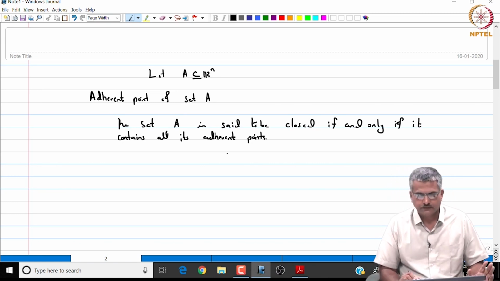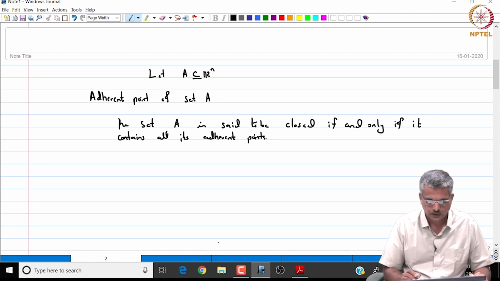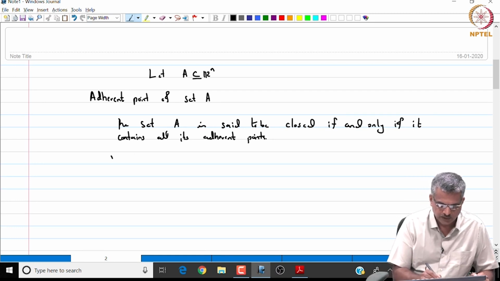So, just like we define the open set using interior points, we can define the notion of closed set using adherent points. Again, properties of closed set.